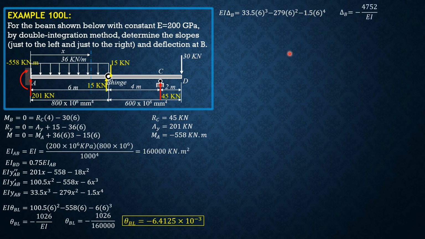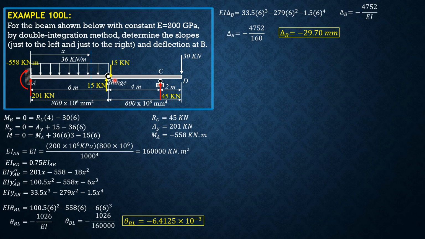The shortcut to computing deflection in mm is, instead of 160,000, we just divide by 160, and the unit would now be in millimeters. So delta B is equal to negative 29.7 mm.